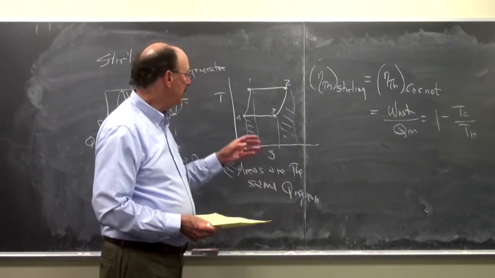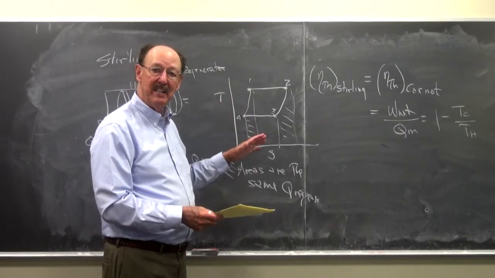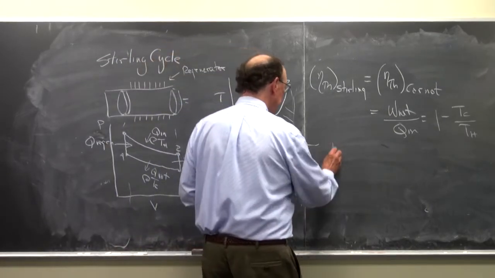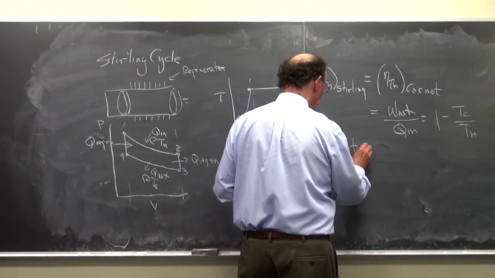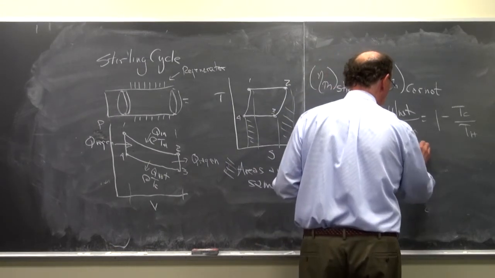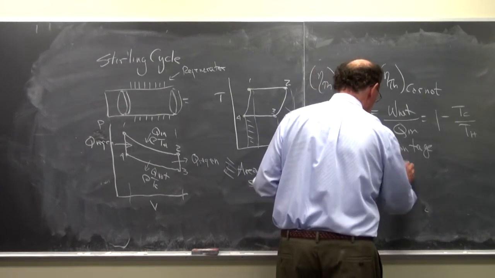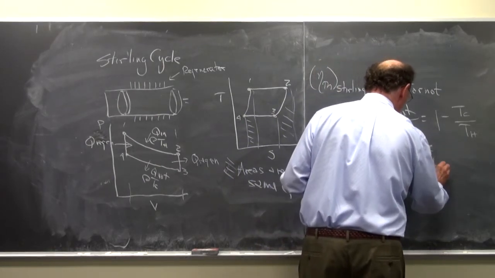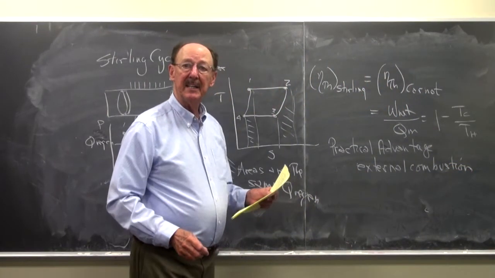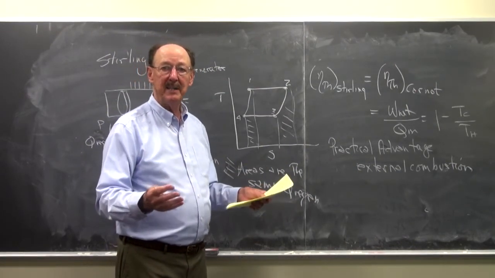Actual Stirling cycle engines are not this easy, they're a little more complicated. A big advantage is they can use external combustion. So, practical advantage: I can use external combustion, so I could burn wood or biomass or whatever I want as a heat source.